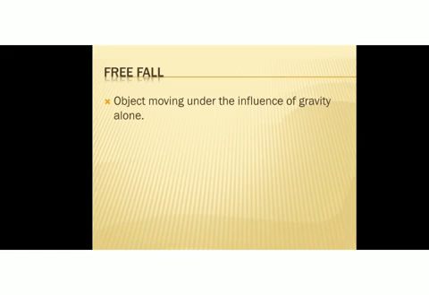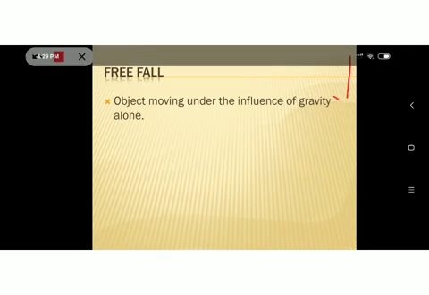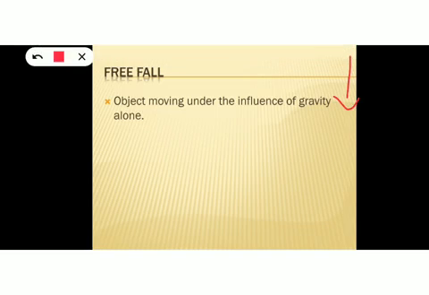Okay, so that is about free fall. And in the case of free fall, these three equations of motion get modified. We know in the case of free fall, the object is falling down. So in such a case, the acceleration is along the negative y-axis, so acceleration can be taken as negative. And it will be our acceleration due to gravity, g.